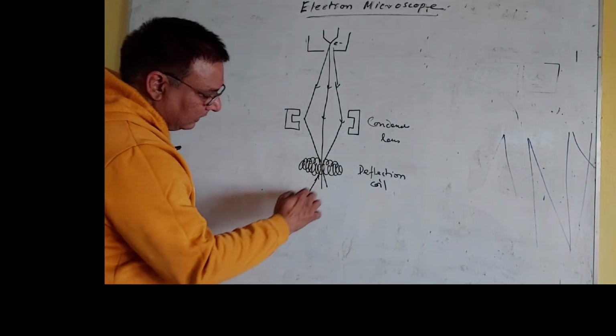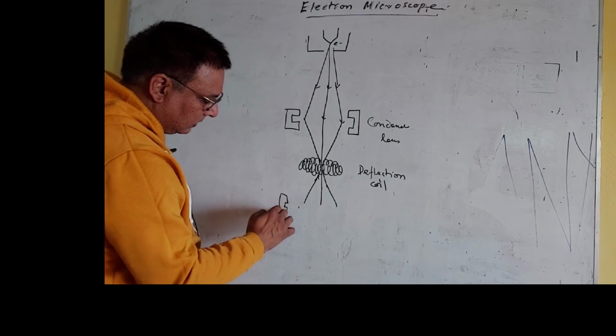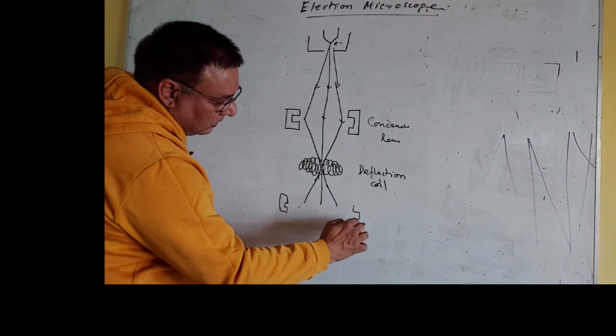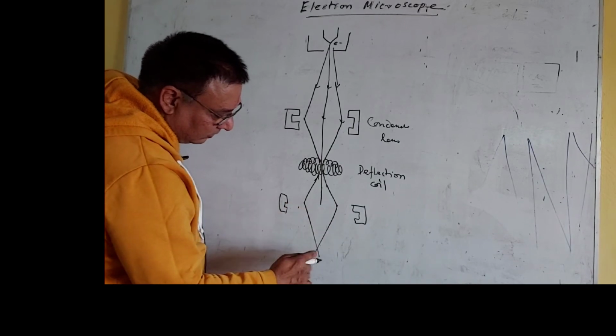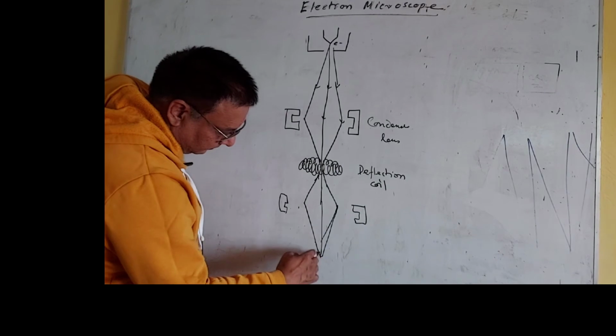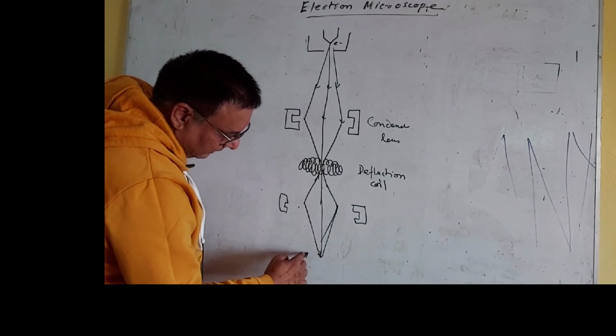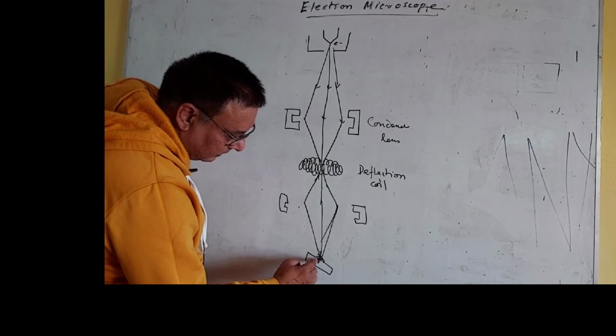And then again there is a condenser lens over here that will condense the light again. Sorry, not light, electron beams. It will condense over here. And here is your specimen. This is your specimen.